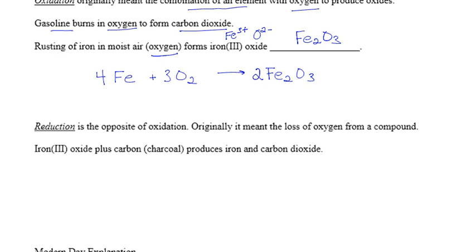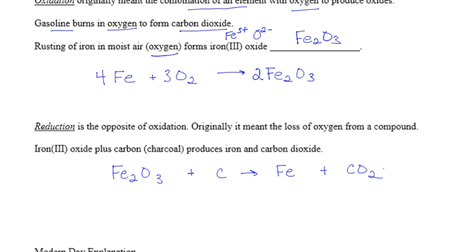Reduction is the opposite of oxidation. Originally, it meant the loss of oxygen from a compound. So iron 3 oxide, Fe2O3, plus carbon produces iron. So we lost the oxygen in the iron 3 oxide and carbon dioxide.